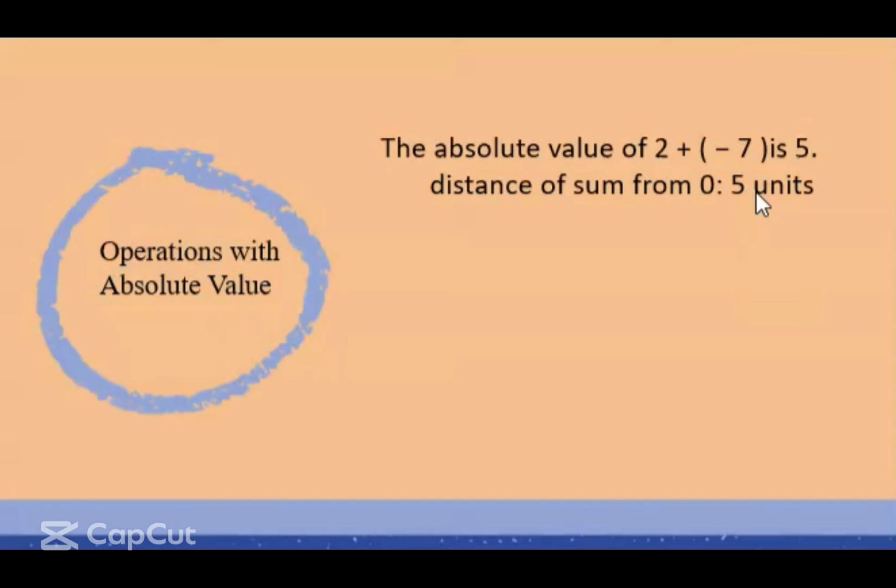When we say 2 plus -7, ang sagot dyan is 2 plus -7? Yes po, that's right. It's -5. So the distance of their sum from 0 is 5 units.